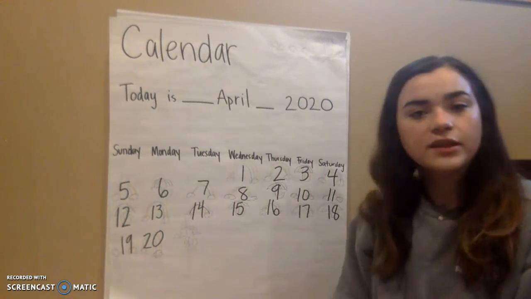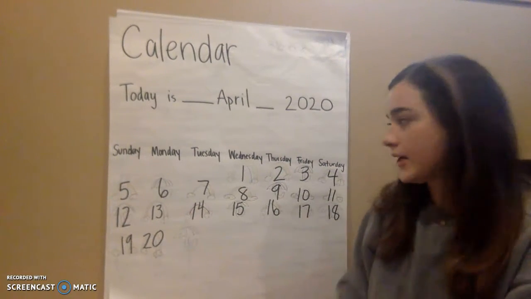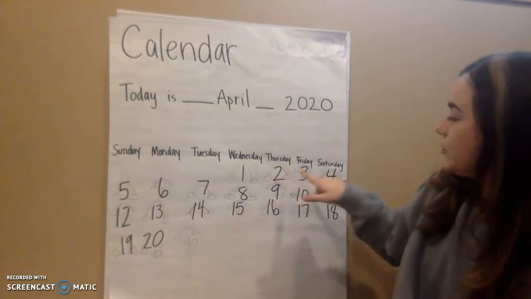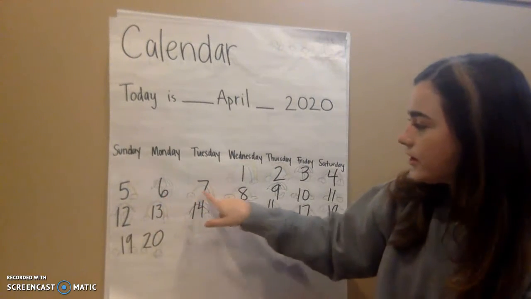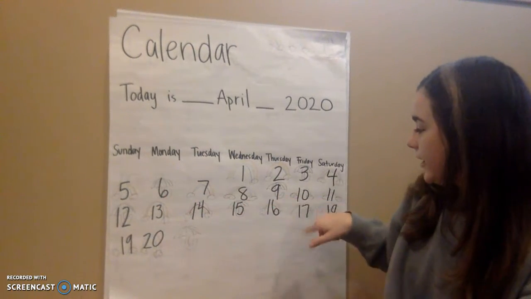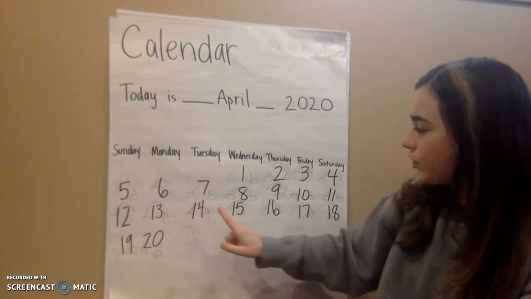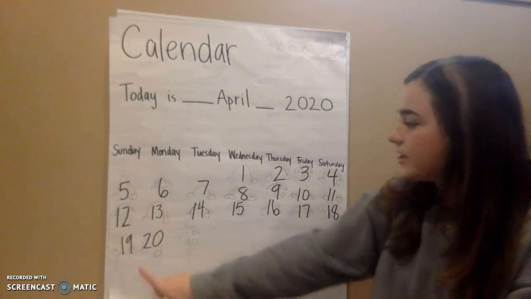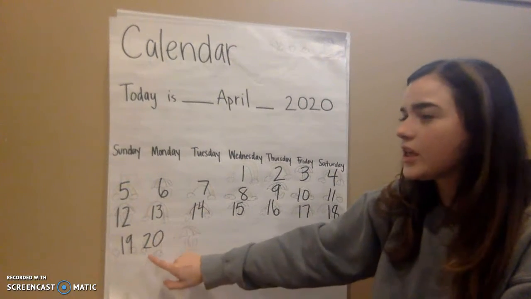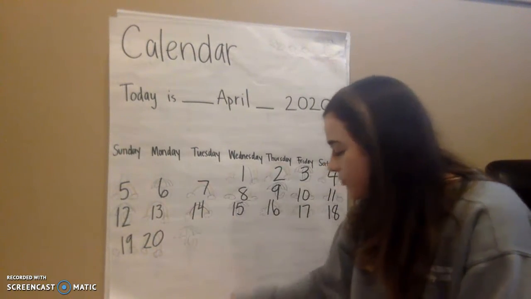I'm going to go back to the number 1, and I'm going to count so that I know what number comes next. 1, 2, 3, 4, 5, 6, 7, 8, 9, 10, 11, 12, 13, 14, 15, 16, 17, 18, 19, 20, 21. I need the number 21.